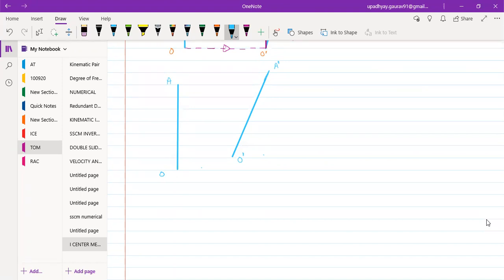I mean, I want to ask into which should we convert this general motion, which is better? We have to convert it into pure rotation or into pure translation. Which case will be of more importance? Which one should we convert into?